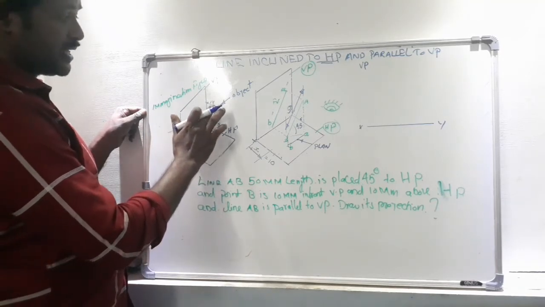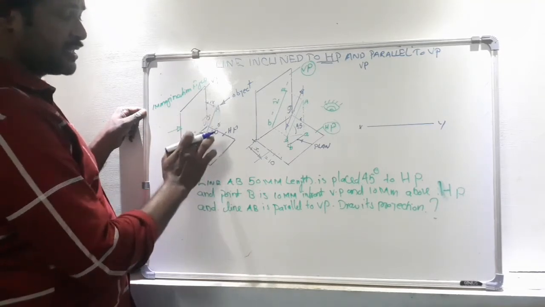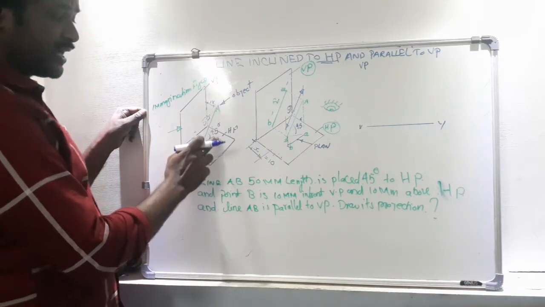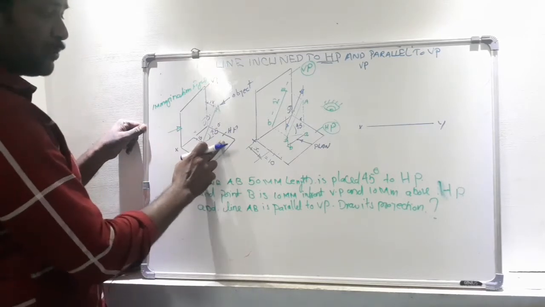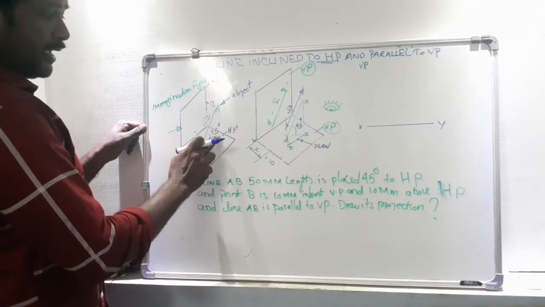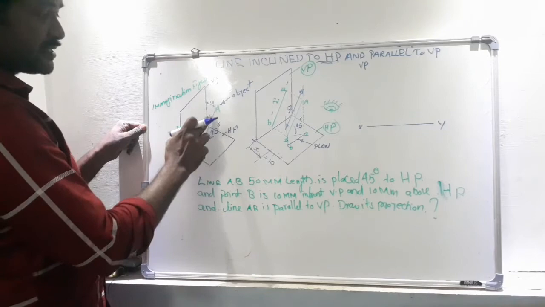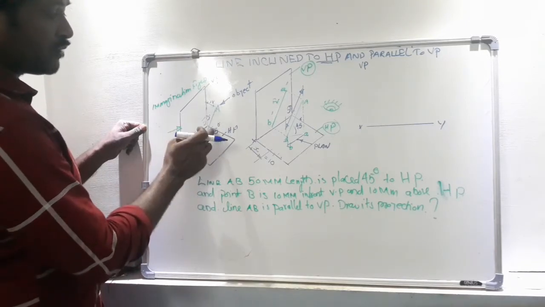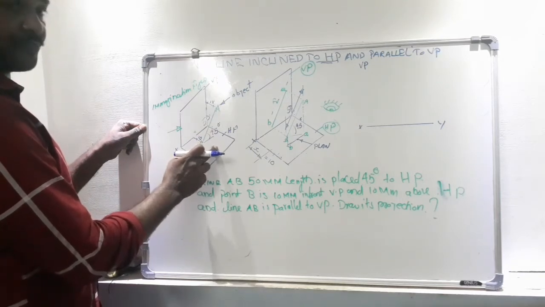Here our object is a line which is placed inclined to HP. From this figure we can understand that this is our HP, horizontal plane. According to this plane we can say that our line AB is our object which is placed 45 degree to the horizontal plane.